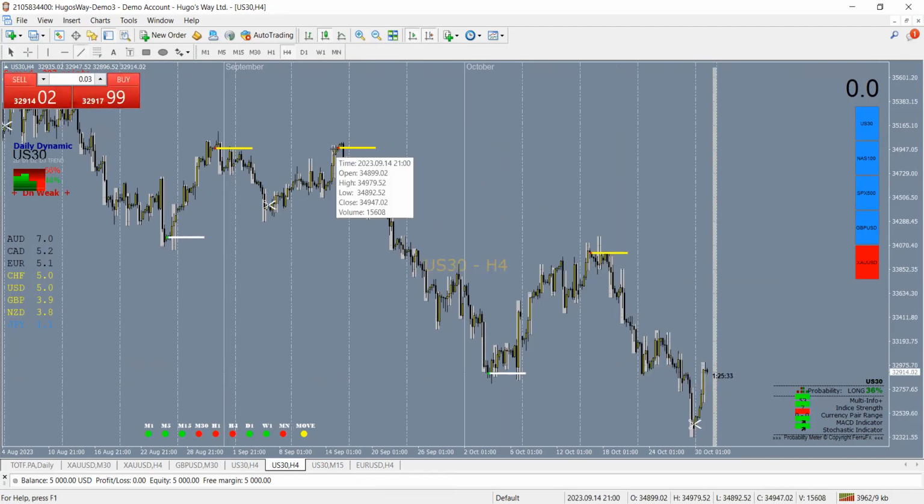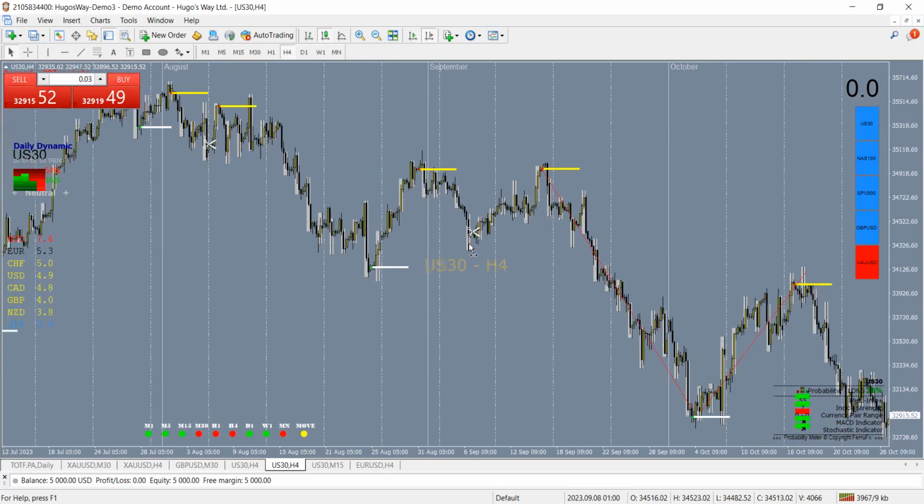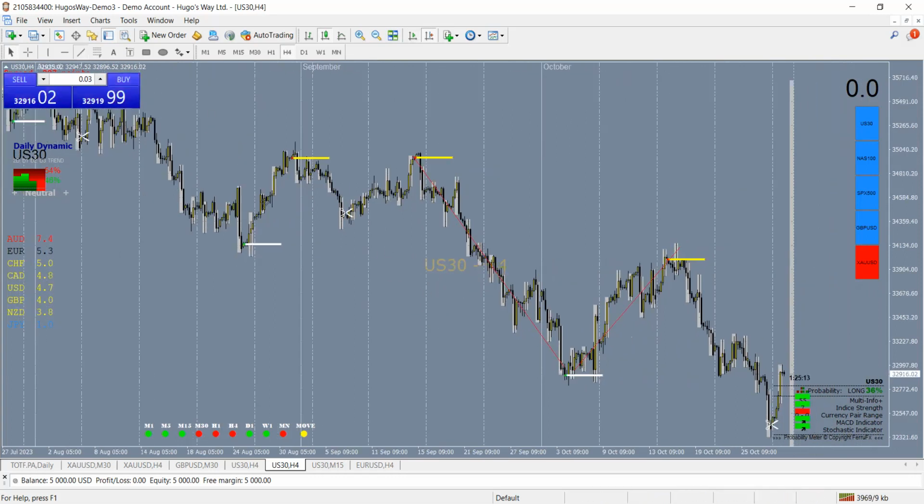You see how we have this swing, and then we have this swing, right? And you see we had this series of consolidation, right? And we have a low. So look at how the market works. We had a swing here, right?